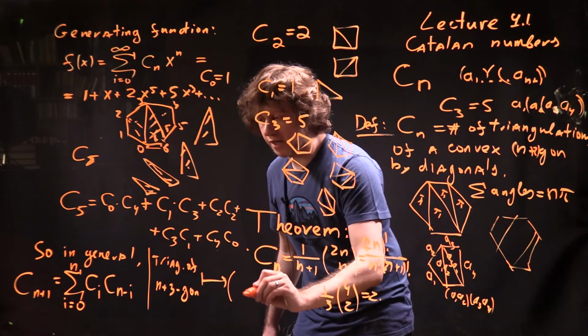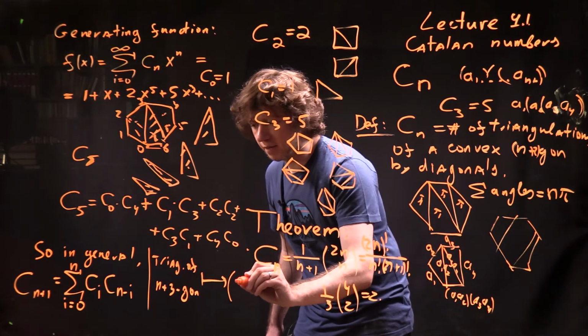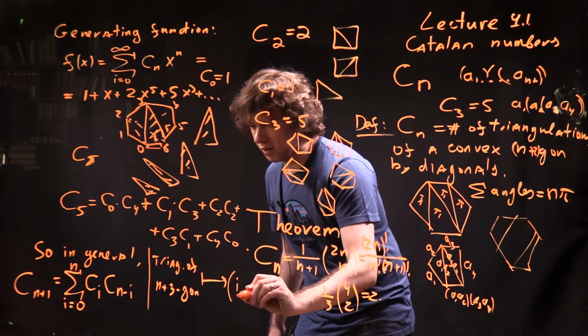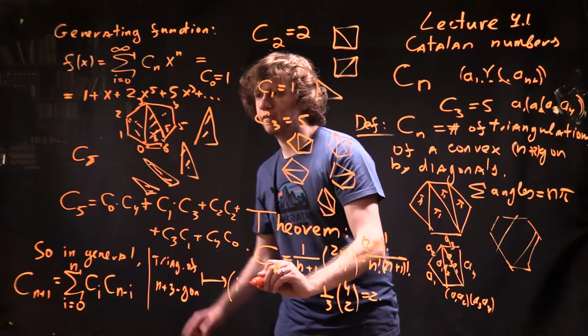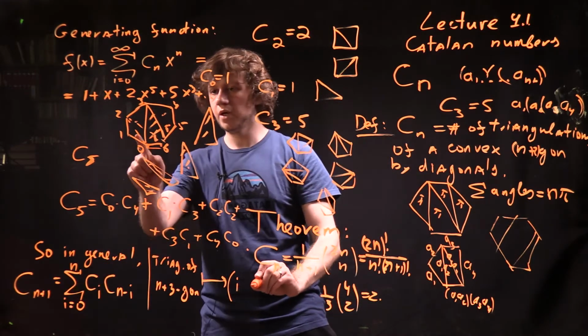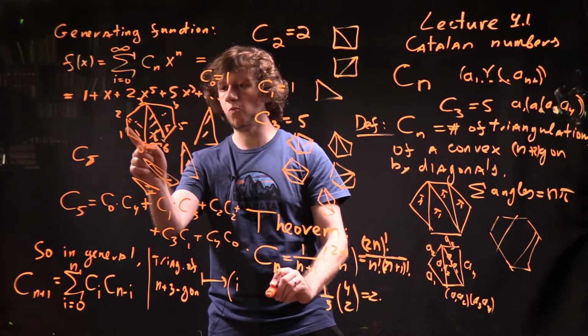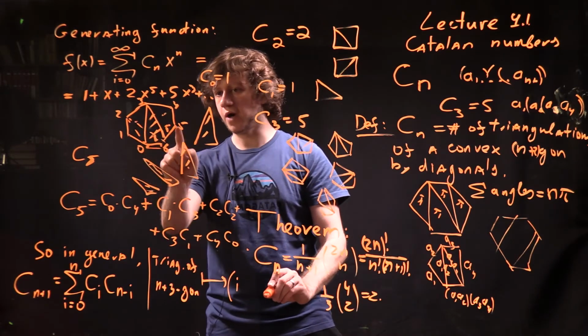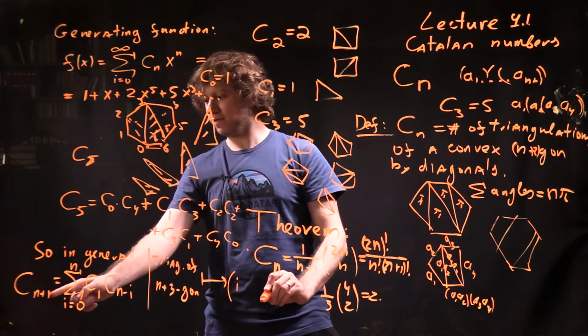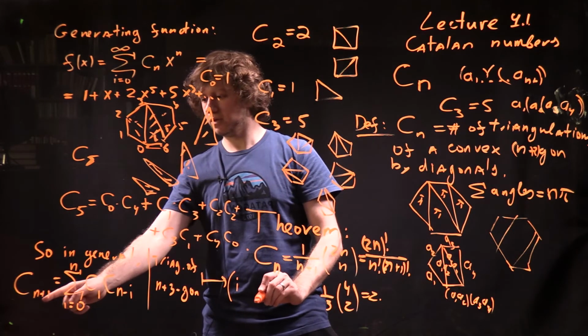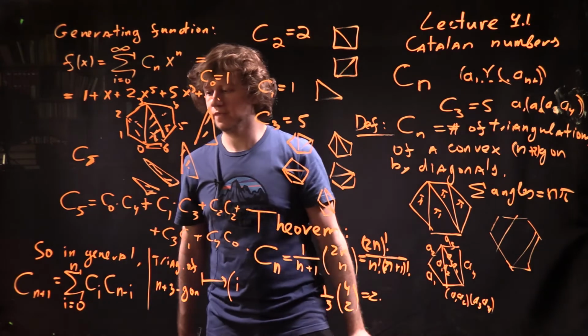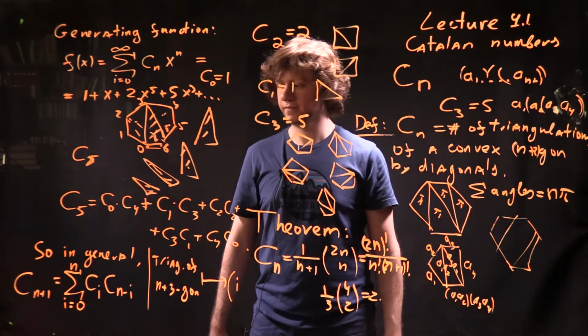So the first element is number i from, let's see, it's an n plus 3 gon. So number i is from 1 to 5, and so if I label. Okay, let me write down the whole proof again.